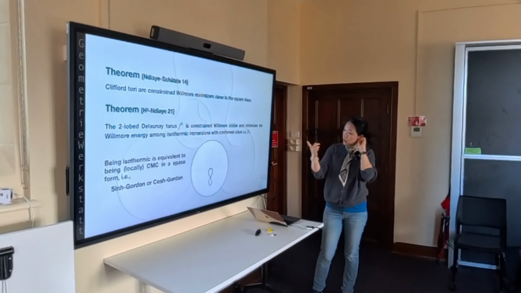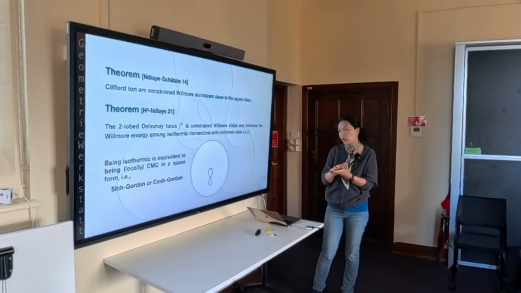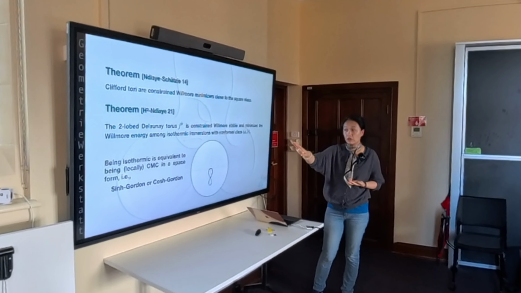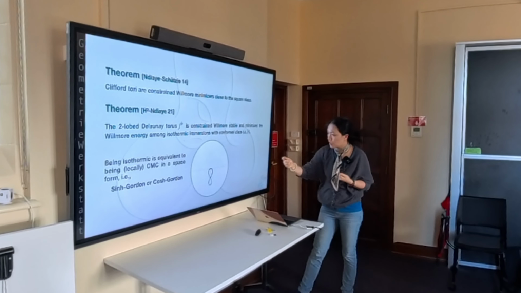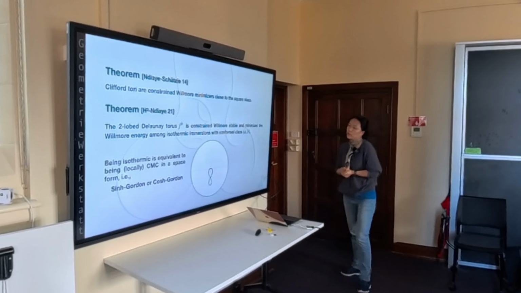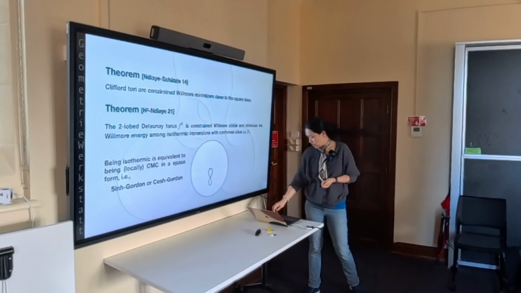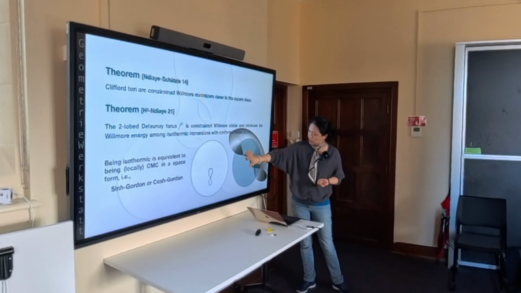And the problem here is basically when you identify all these things, when you have isothermic, it should be locally CMC in a space form. But then if you, for example, have the elastic figure 8, that's definitely not CMC in S3, but actually CMC in H3. And the H3 looks like this blue shaded area.